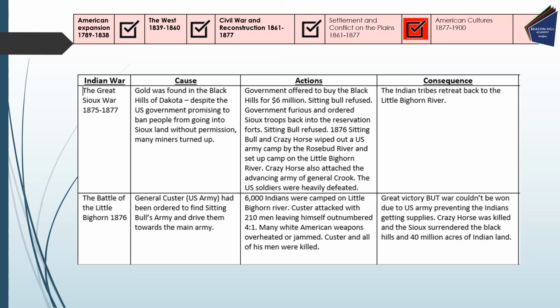So overall, we can see there is lots and lots of bloodshed as a result of the Indian Wars. And if you were given a question on whether or not it was peaceful or violent methods, for example, during this time period, you could absolutely use some of the Indian War evidence to support your arguments.